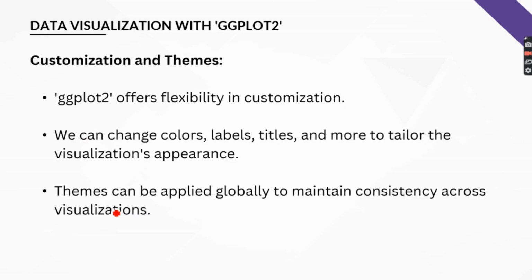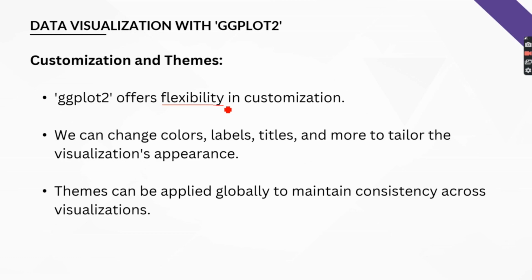That is how we can create a histogram or bar chart or a pie chart, whatever type of design or visualization we want with our ggplot2. It's written ggplot2 offers flexibility in customization. We can definitely customize it as per our requirements.